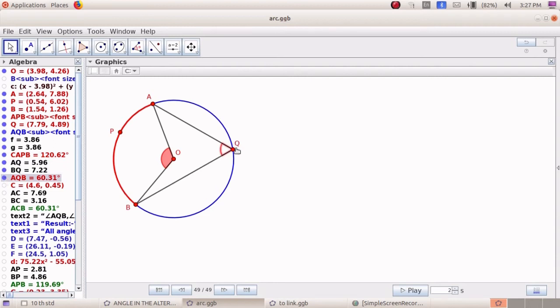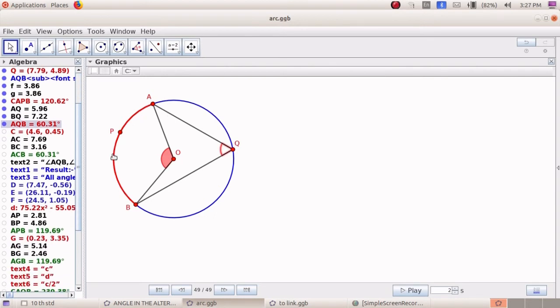We have proved that this angle will be half of this one. Like that, if we had joined the end points A and B to some other point C on its alternate arc, there also we will get an angle like that. That angle also will be half of this one. That means these two angles are half of this angle, so they are equal.